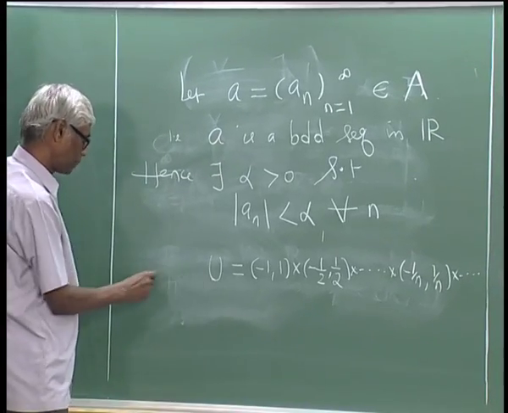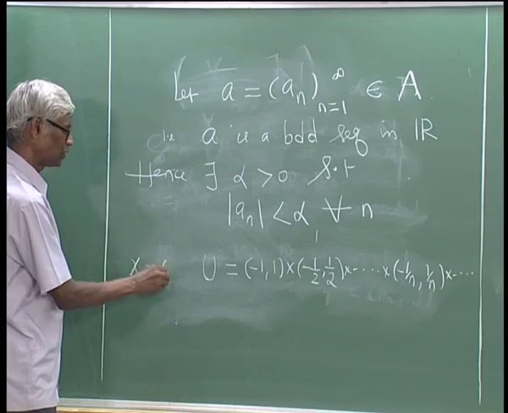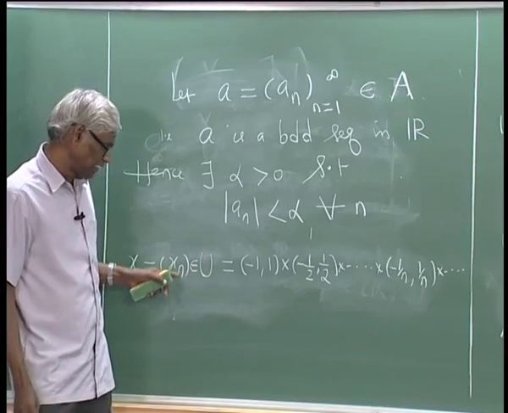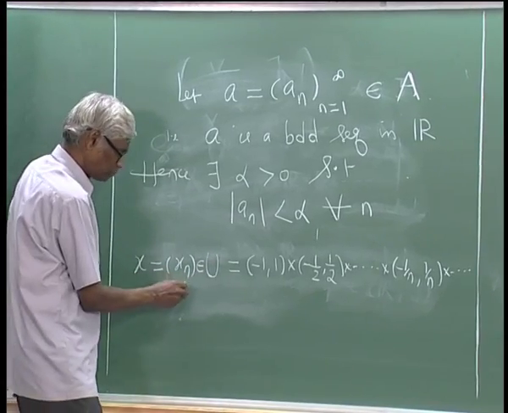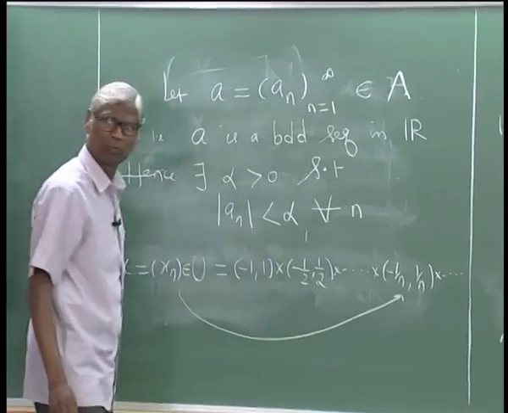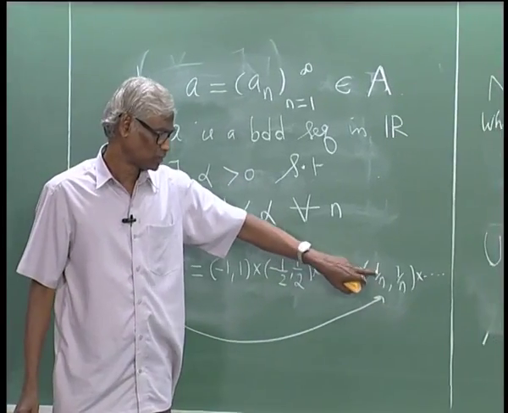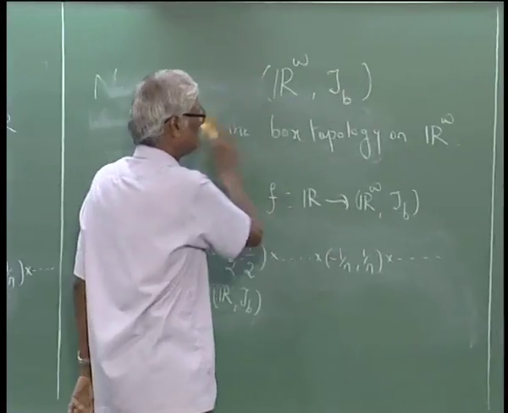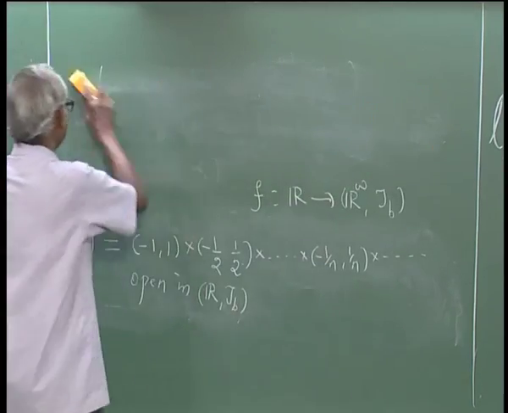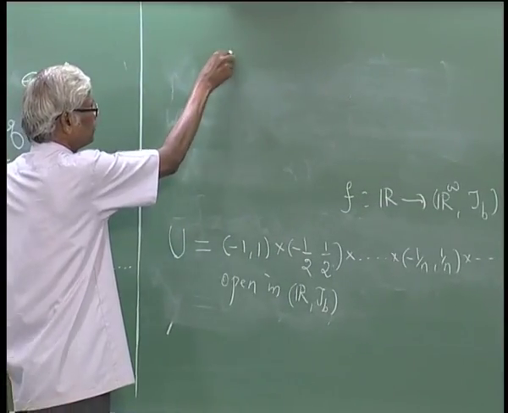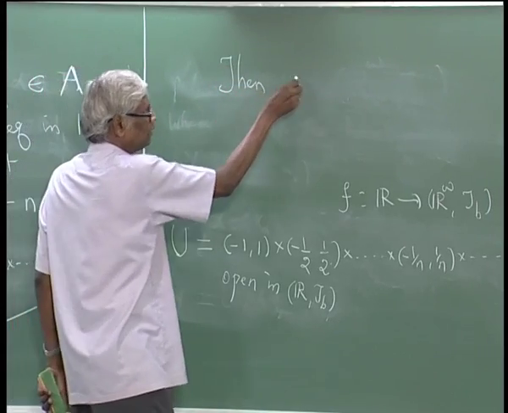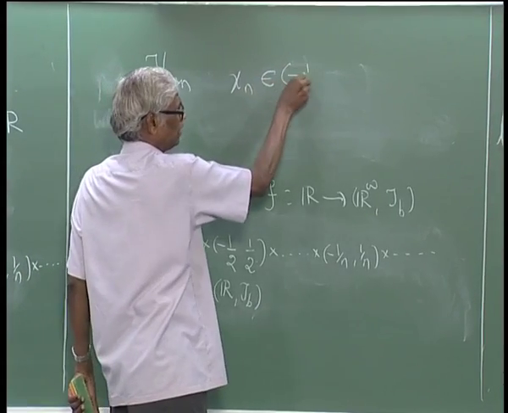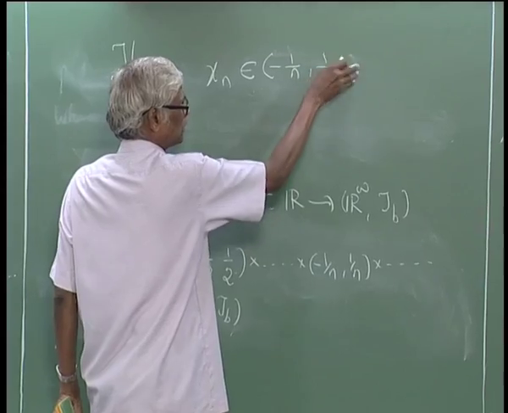If we take an element x, a sequence (x_n), belonging to U, hence each x_n, the nth term, will be in the open interval (-1/n, 1/n). Then for each n, x_n belongs to the open interval (-1/n, +1/n).